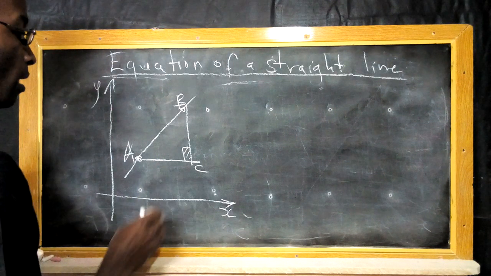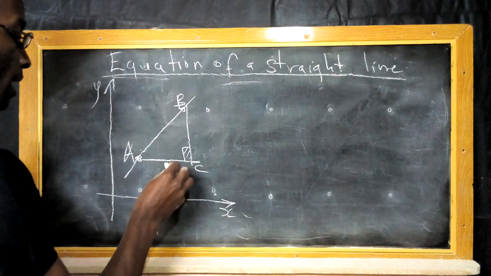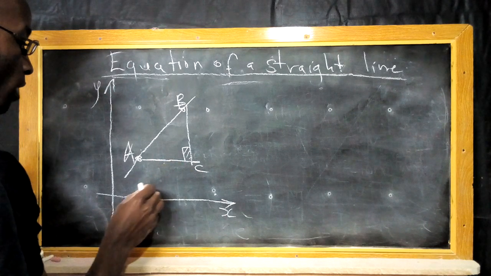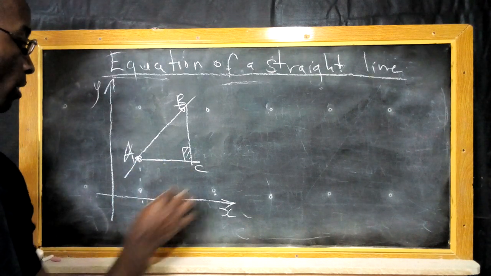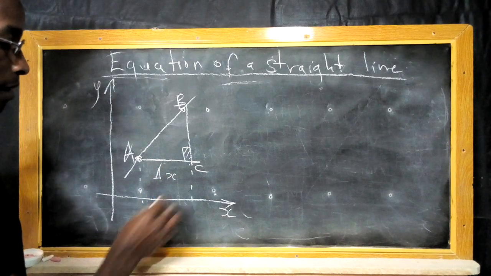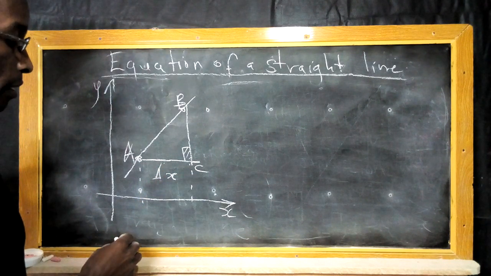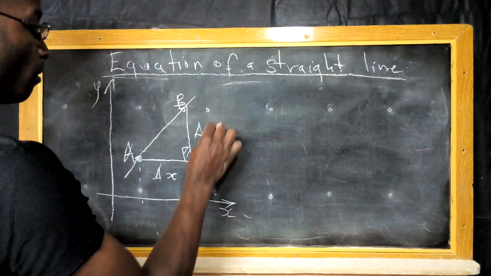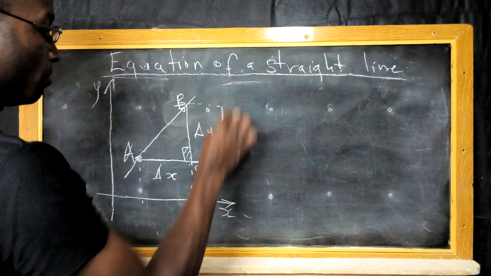We said a right triangle possesses 90 degrees at that point. So if it forms a right triangle, then the distance between this point and this one forms a displacement in the x direction, and this one forms a displacement in the y direction.